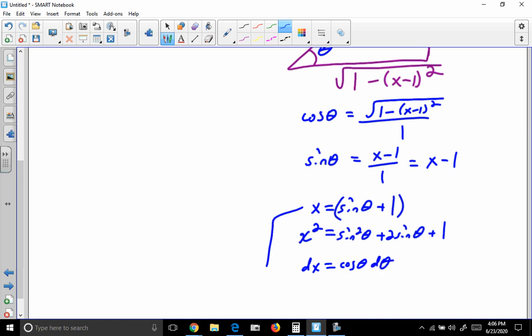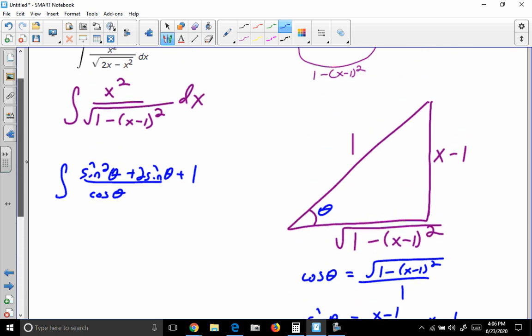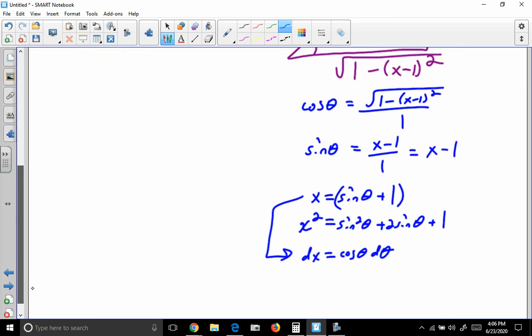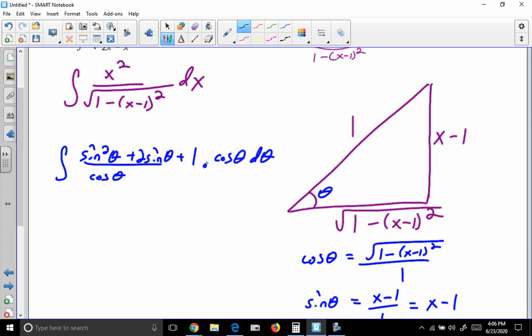So dx is cosine theta d theta. That cosine's on the bottom, that one's on top. So we have sine squared plus 2 sine plus 1.